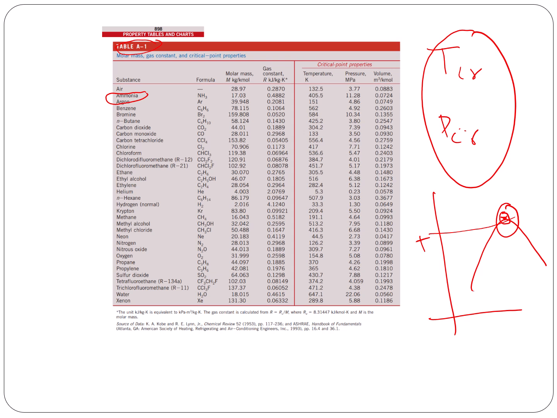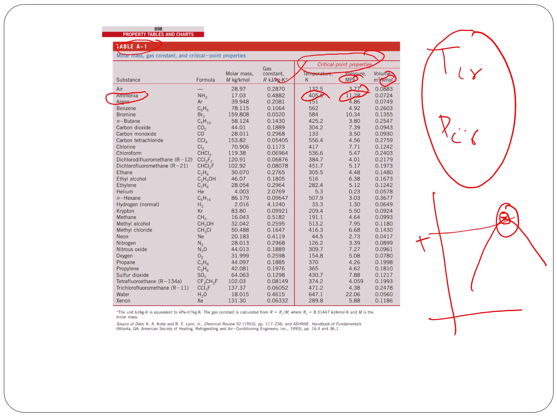From Table A1 we get the gas constant as well as the critical point properties. This is the critical temperature in Kelvin, and this is the critical pressure in megapascal. But for volume, it's given in cubic meter per kilomole.